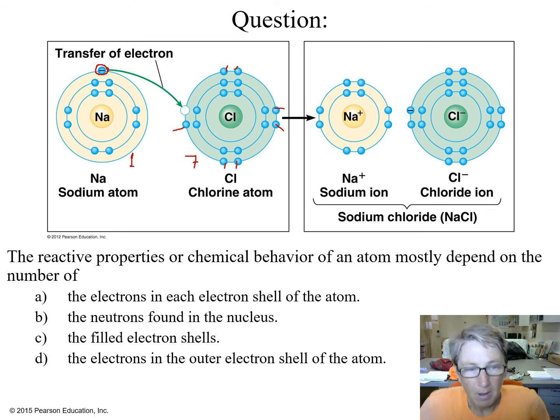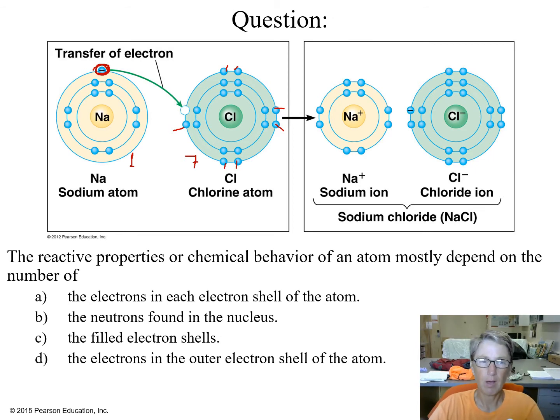Now, think about it. What's going to be easier for sodium to do? To find 7 more electrons to give it 8 in its valence shell? Or would it be easier for sodium to just lose or transfer this valence shell electron to another element and then fall back down to its next shell, which has a total of 8 electrons in it?